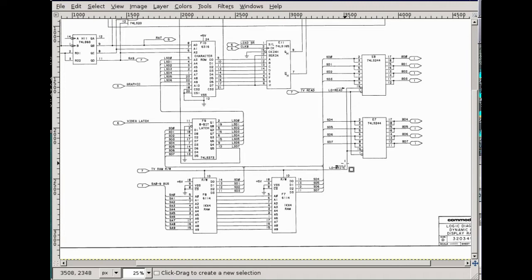Or when there's this other signal, which is called write, when this other signal is low, then these buffers are enabled in the opposite direction.